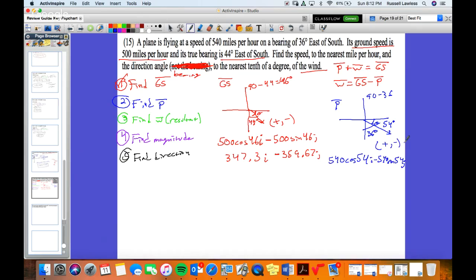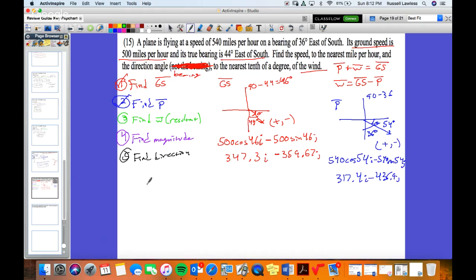So that'll be 540 cosine of 54, which will give us 317.4 i. And then 540 sine of 54 will give us 436.9 j. Now, two's done. Now let's find the resultant vector.